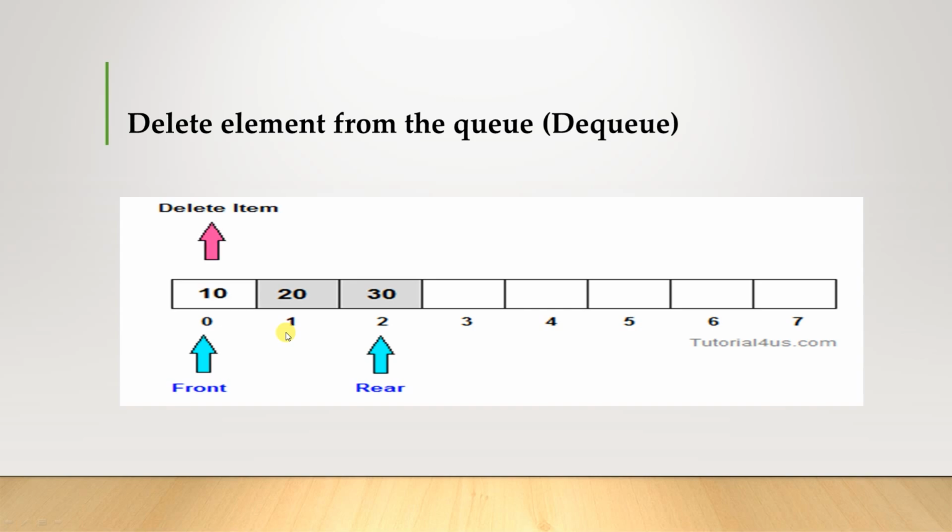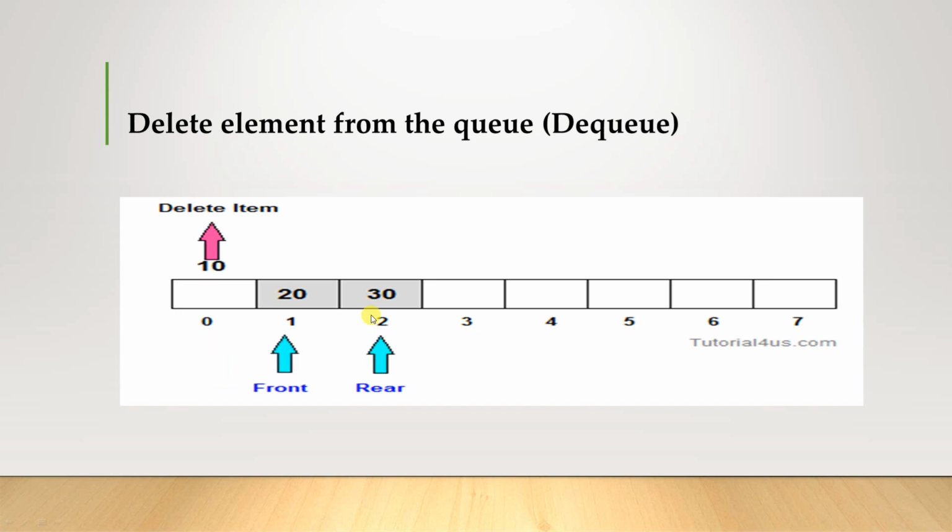Similarly, if I delete 20, the front pointer will be incremented by 1 and it will be pointing to 30. Like that, the deletion operation is performed for however many elements have been placed in the array.